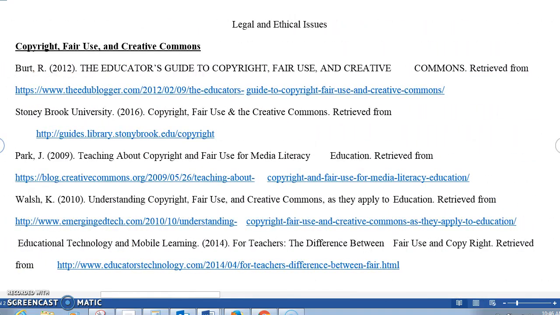If you were wondering what copyright and fair use and Creative Commons are, you can go through any of these resources that I have created that I think are exceptional and will provide you with the most information. I would probably, in a professional learning area, have the teachers go and find one and write about what they read and give an explanation of why this was important.